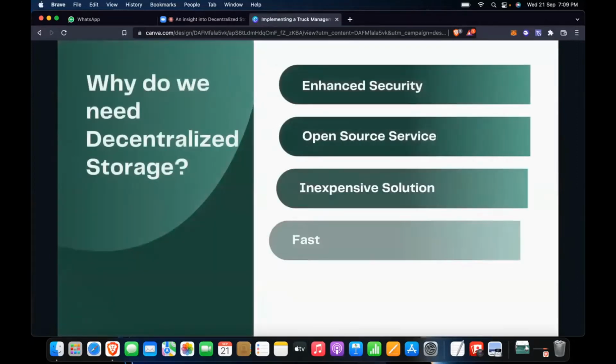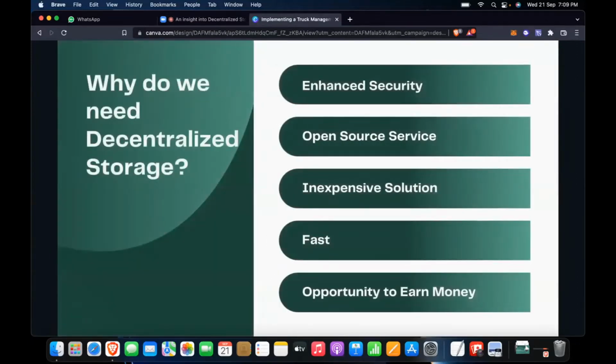Why do we need decentralized storage? We already have central servers in place, but why do we need it? When decentralized storage comes into play, the security enhances. So no one is able to hack the decentralized storage. In centralized storage, all our data is stored at a single point on a single server.